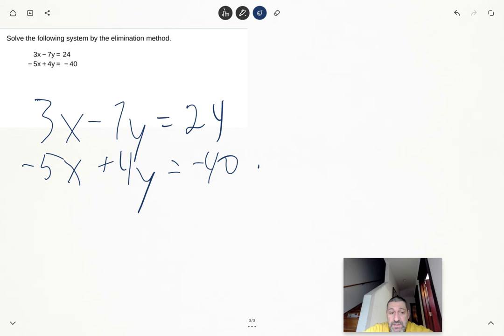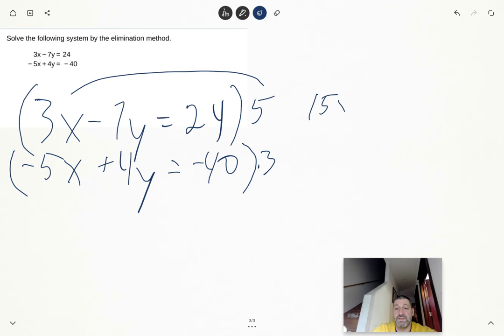So I'm going to try to eliminate that x by getting one equal to a positive 15x, the other equal to a negative 15x, so they can be canceled. I'm going to multiply this by 5 and this by 3.